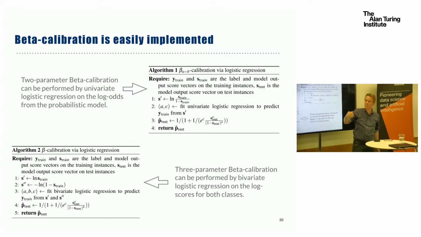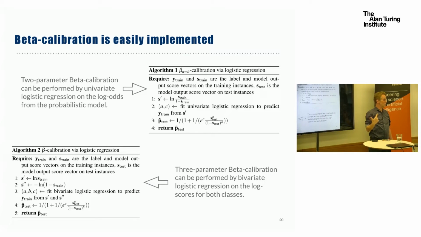And I have the classes, so I just train univariate logistic regression on that. And the parameters that I get from that are exactly the parameters that I need here. The reason this works is because beta distributions and normal distributions are both members of the exponential family. So we essentially use a trick there to map one member of the exponential family to another.